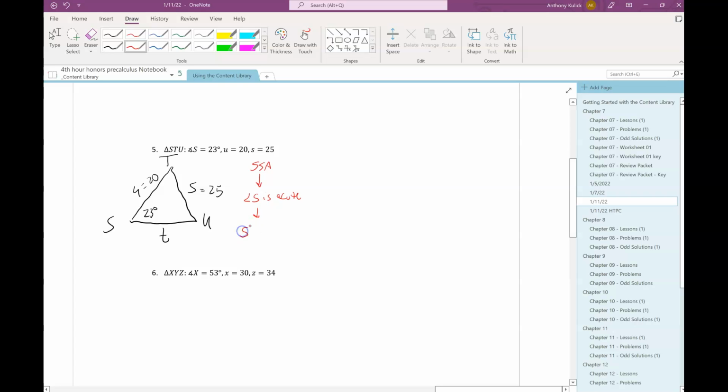So I'm going to compare the side opposite the given angle with the other given side. Since the side opposite is bigger than the other given, there's just one triangle possible. That's nice. So we'll just set up our law of sines problem. I'm going to do sine of angle S over side S equals sine of angle U over side U.